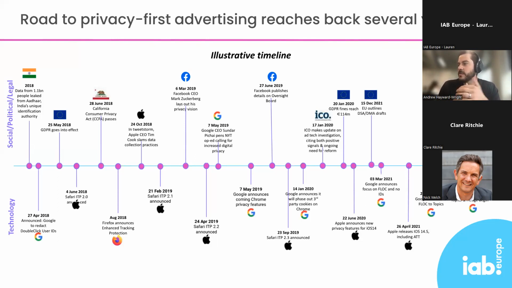But if we fast forward, we see as well a lot of changes for Facebook and Google along the way, but most notably, and the ones I'm going to touch on in a little bit more detail, is where we move into Apple's ATT, Apple App Tracking Transparency, and also Google Chrome's changes around FLoC to Topics with the origin trials happening right now.